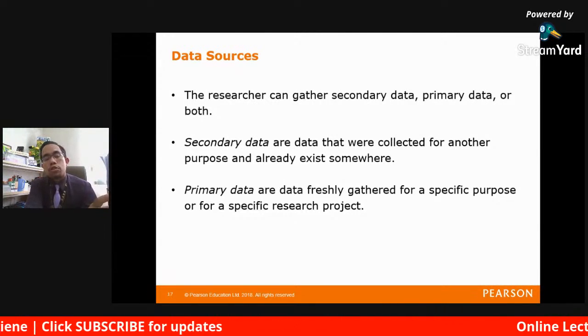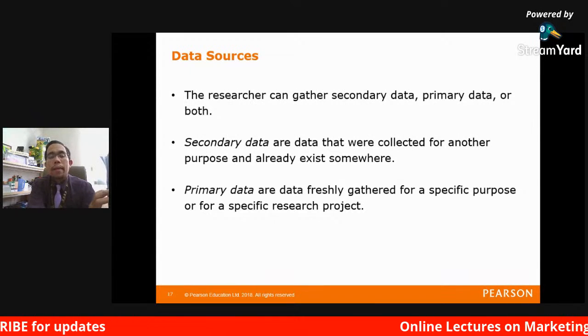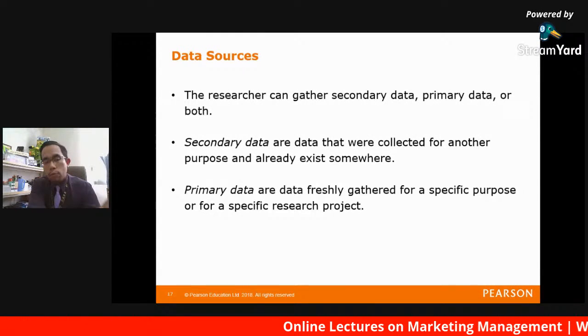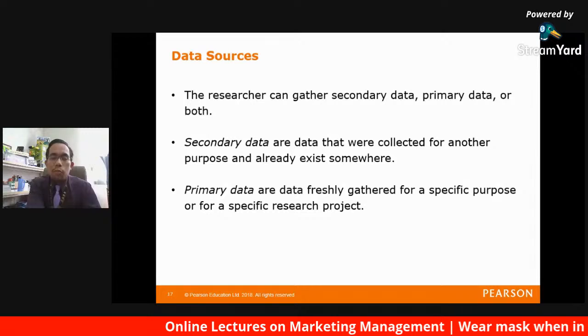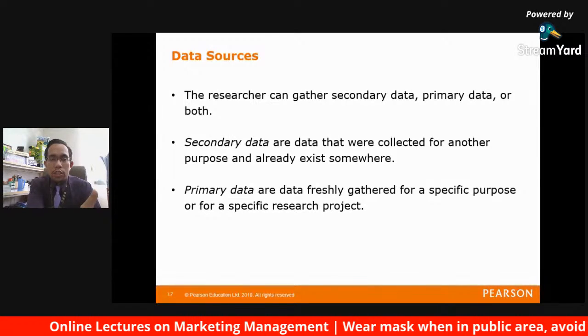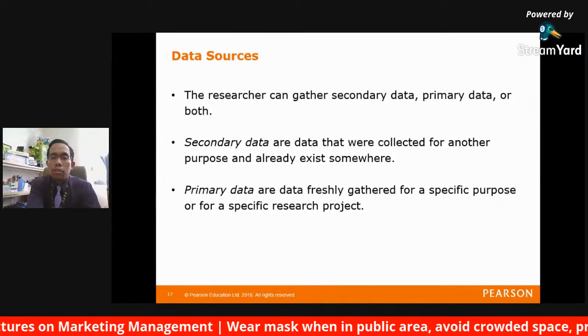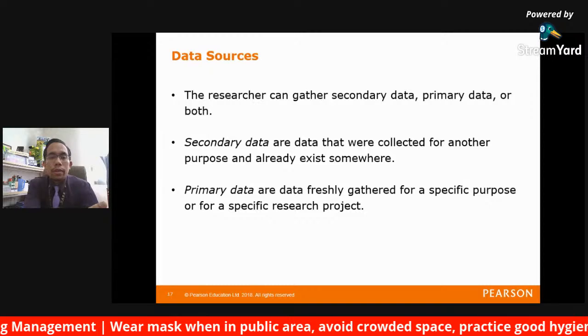So we can use it, but not depend 100% on it. That's why it provides more exploration, not description.